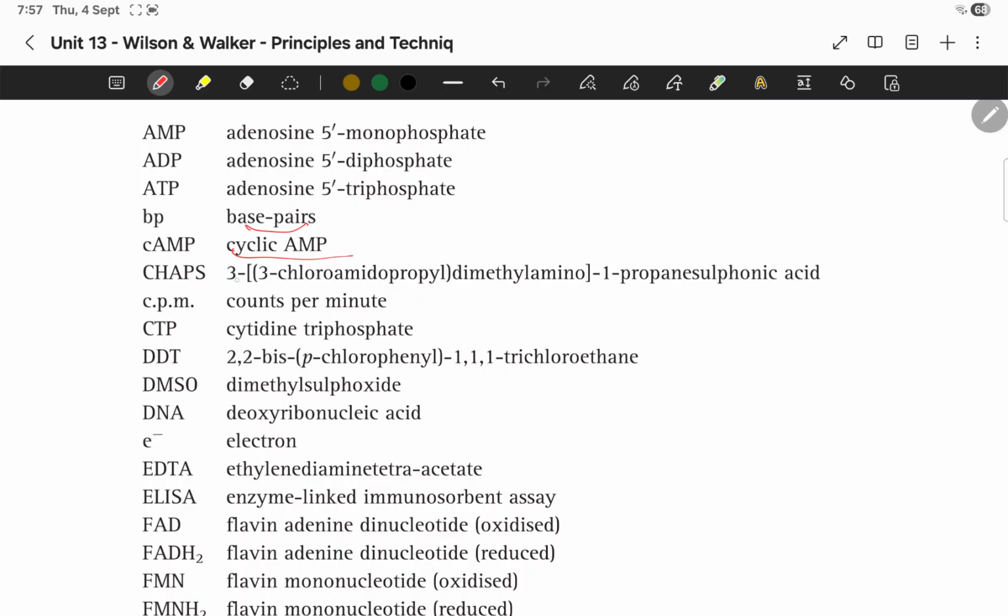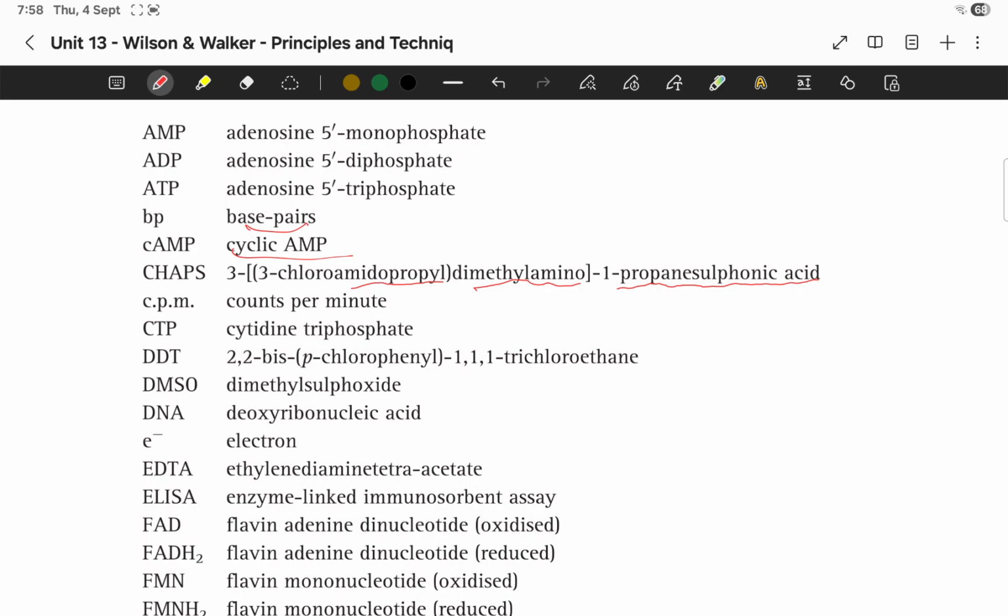CHAPS, it is 3-[(3-cholamidopropyl)dimethylammonio]-1-propanesulfonic acid. This is a big molecule.